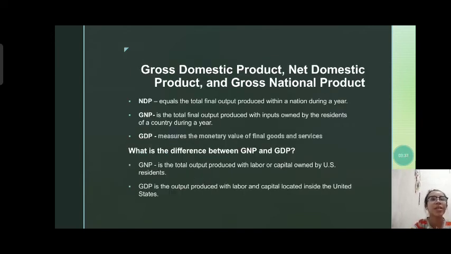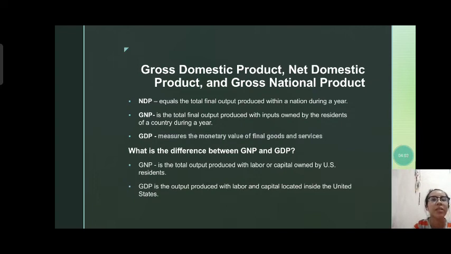Next is gross domestic product, net product, and gross national product. Gross domestic product equals the total of final output produced within a nation during a year.